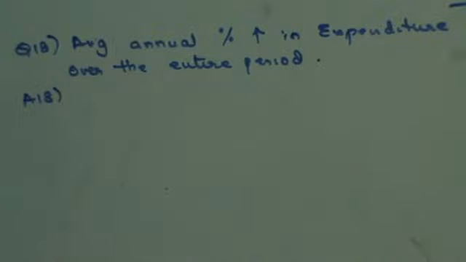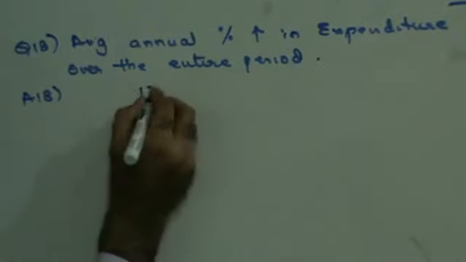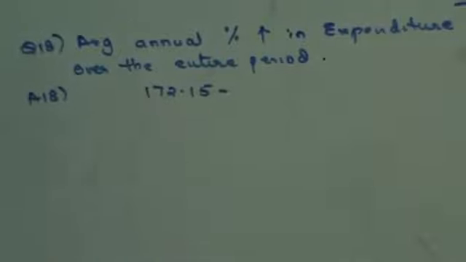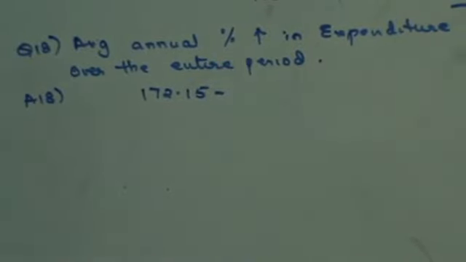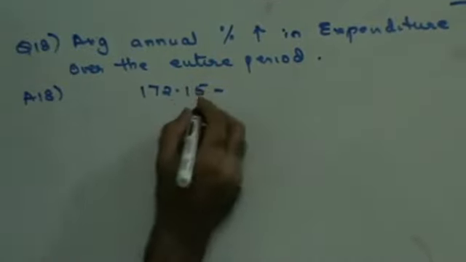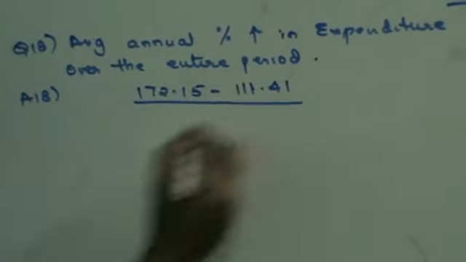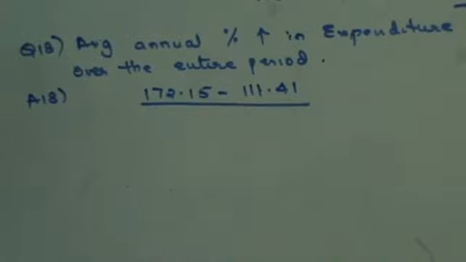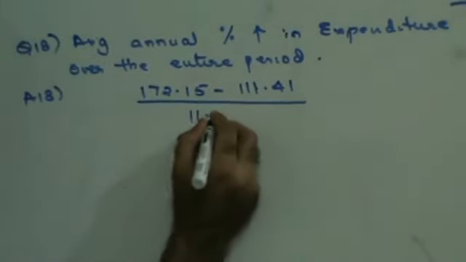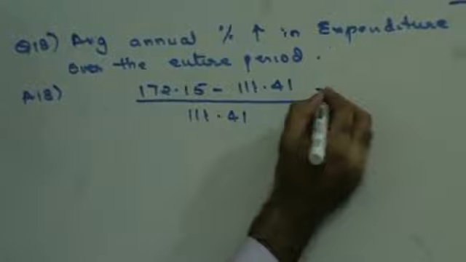My final expenditure in 95-96 is 172.15. Initial expenditure in 1991 was 111.41, divided by original. Why original? Because your percentage is over the original, into 100.